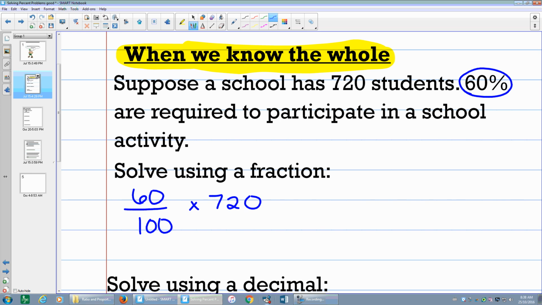Well, you may remember, and I know we haven't talked too much about fractions, but you can do it in this way. Any whole number can be written as a fraction. We can put it over 1. Another way I can write this is 60 times 720 divided by 100.